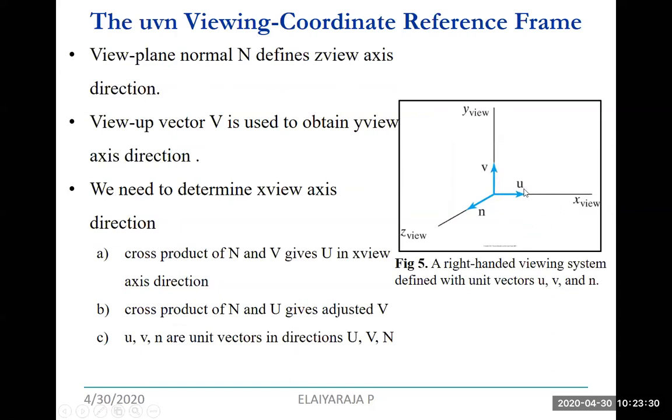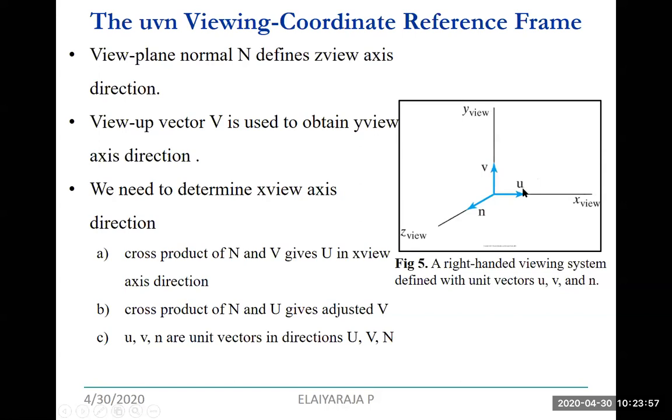You calculate the x view axis with the cross product of v and n, which gives you u in the x-axis direction, as we discussed for rotation in quaternions, where the initial vector, then the moved vector values.